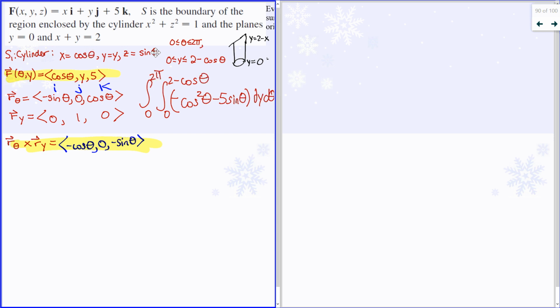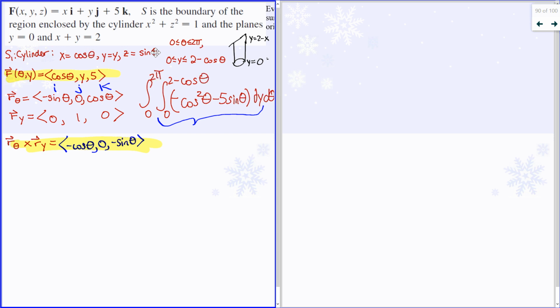So let's take the initial integral with respect to y. There's no y in this, so this is going to be y times that quantity.